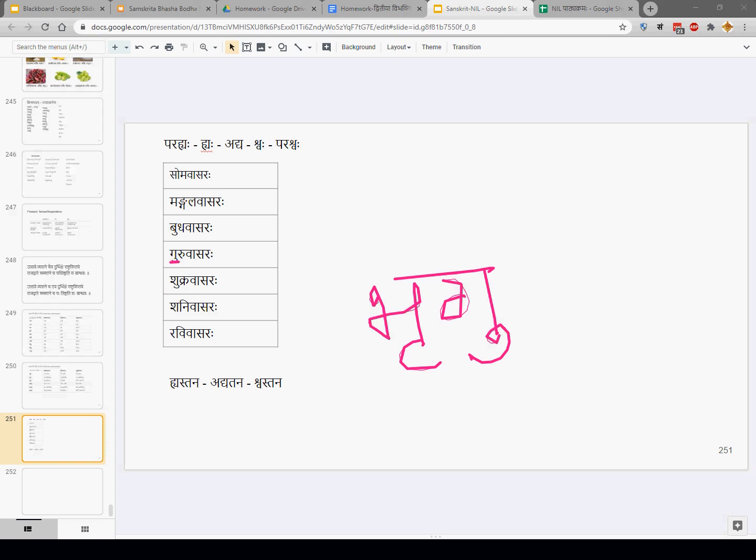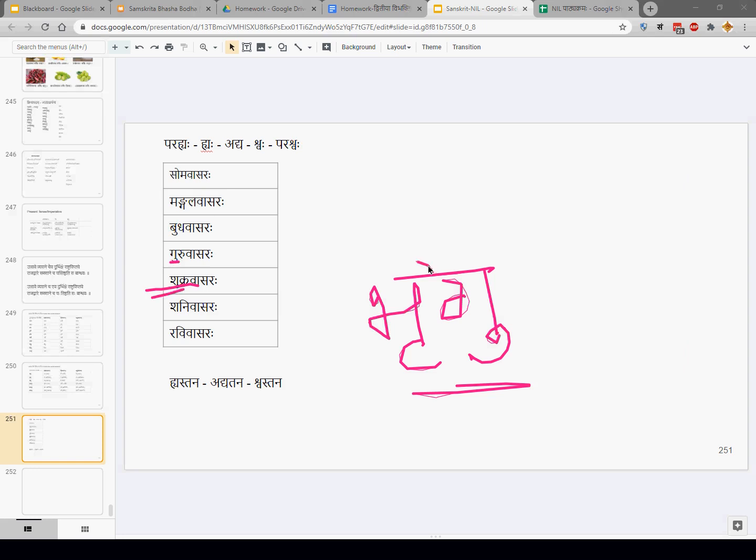Now Guru Bruhaspati was a teacher of gods, and Bhrugu was a teacher of demons, the opposite party of gods. So this one is named after that Bhrugu. And why is it called Shukra Venus?